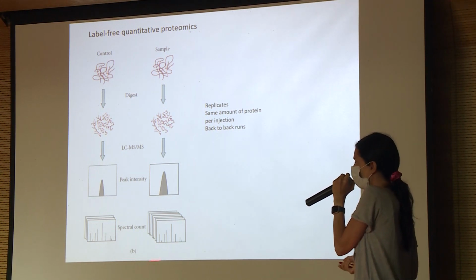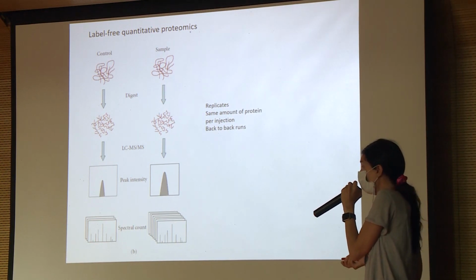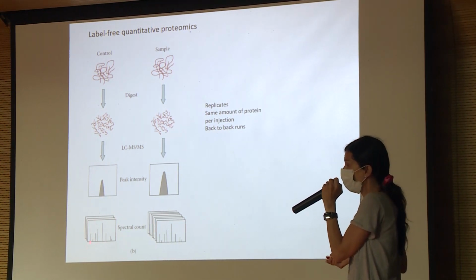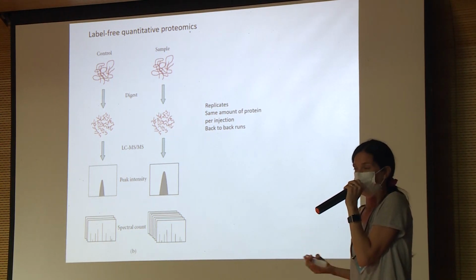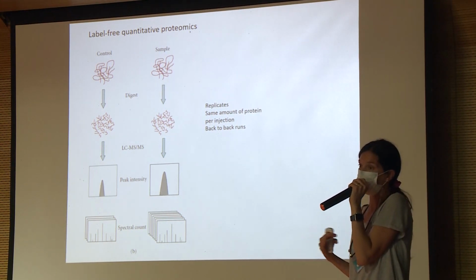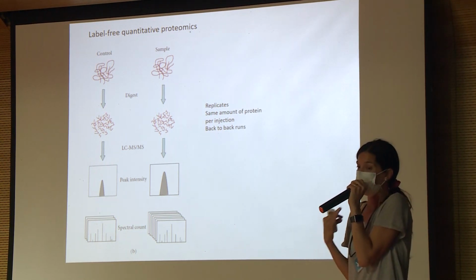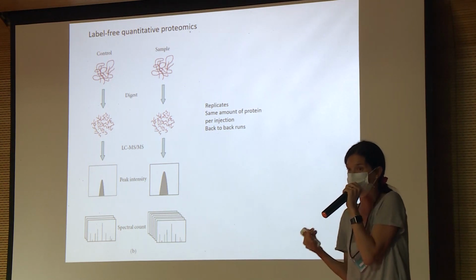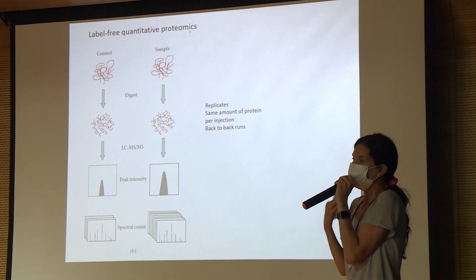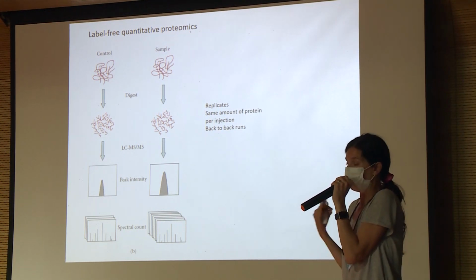Or you can do spectral counting. And here what you're going to compare is the number of MSMS spectra that a peptide has. As I told you before, when we do data-dependent acquisition, the instrument selects the best peaks to fragment, the most intense peaks to fragment. So an intense peak will have more fragmentation spectra because it will be selected many times.